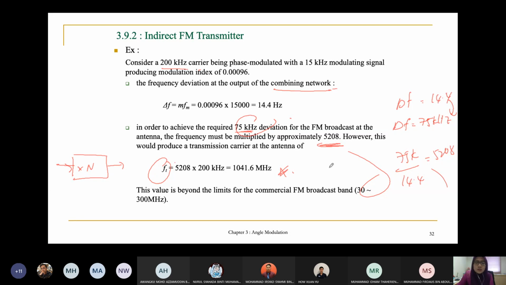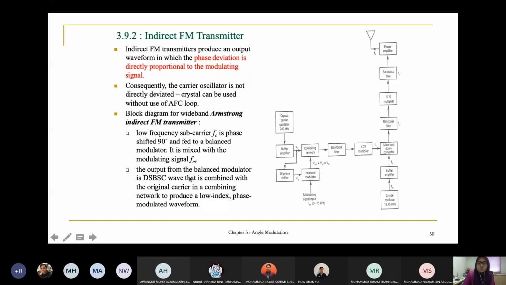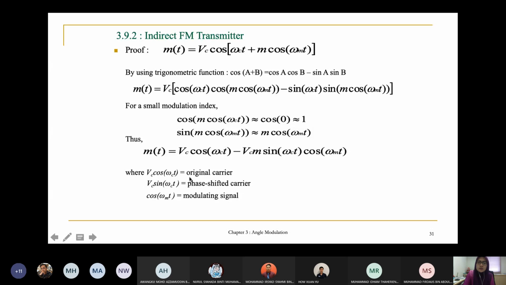And the problem is that this value is beyond the limit for the commercial FM broadcast band. The limit for the commercial FM broadcast band is only from 30 to 300 megahertz. So therefore, you cannot directly multiply by 5208. So how to solve for this?